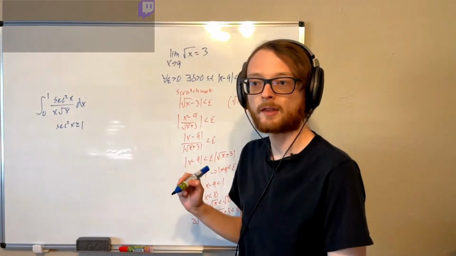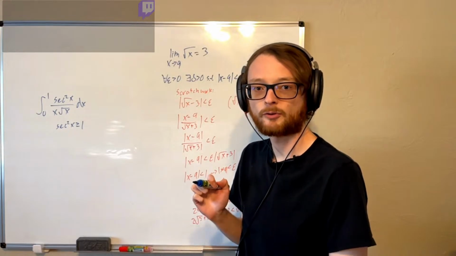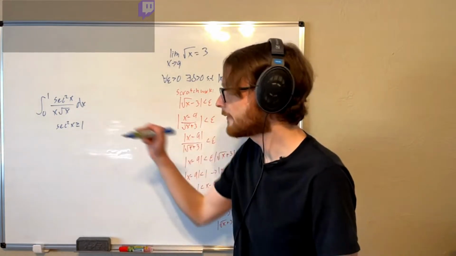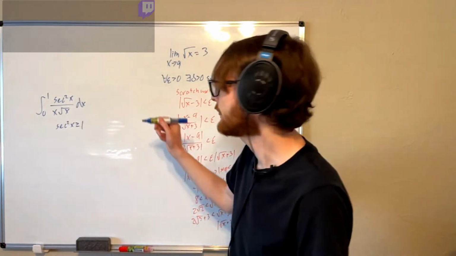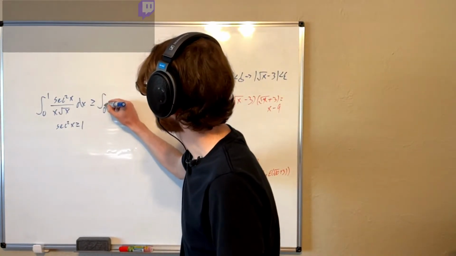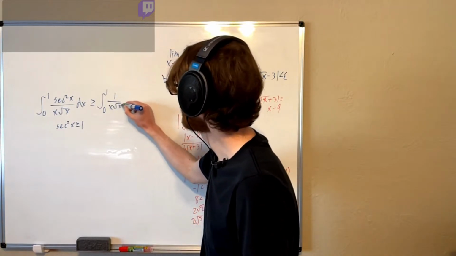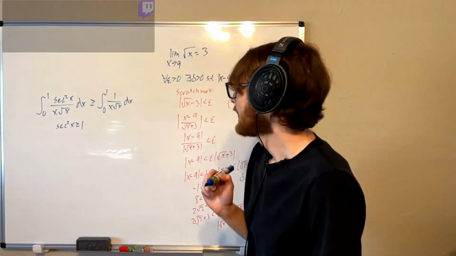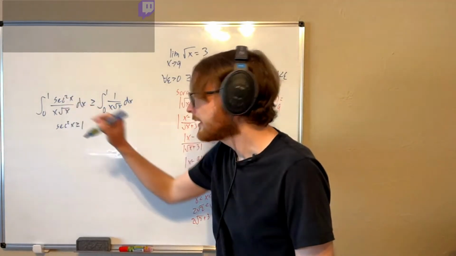If we suspect that it diverges, we're interested in things that are less than this function. So if we know that 1 is less than or equal to secant squared, we could say that this integral is greater than or equal to the integral of 1 over x root x dx. And now the task would be to show that this integral diverges, which implies that that integral must diverge.